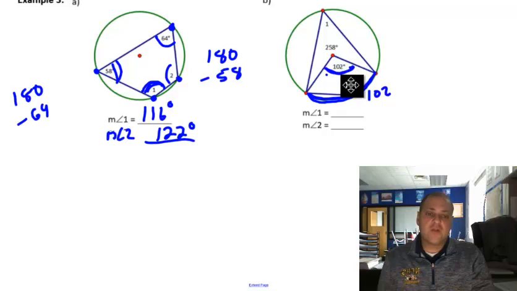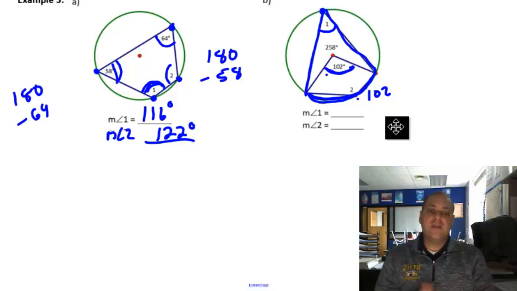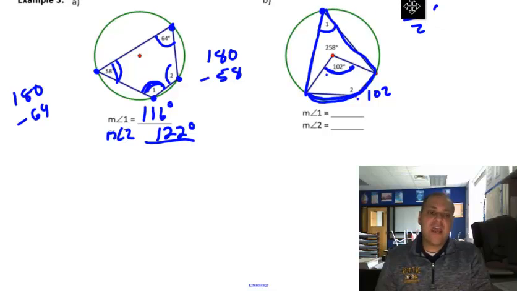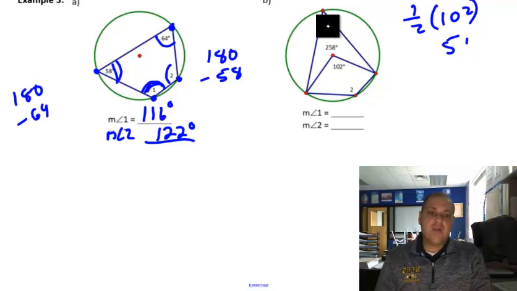So if the central angle is 102, the arc is 102, then angle 1, it's inscribed, right? And where does it go? It goes there to there. So the intercepted arc of angle 1 is 102, so angle 1 must be half of that. Half of 102 is 51. So I know that angle 1 is 51 degrees.